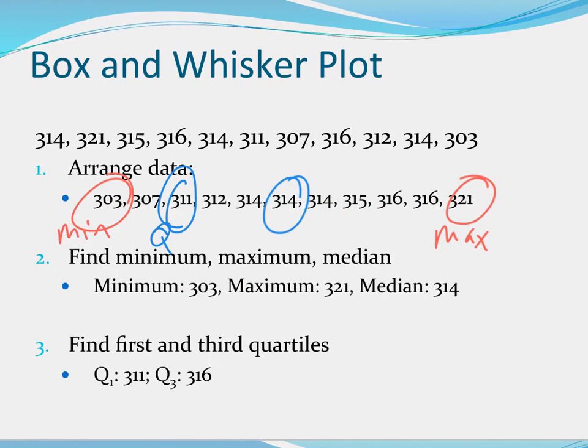This is going to be our quartile 1. Oh, this is the median here, by the way. I forgot to label that. And then again, find the upper median, same thing. You leave out the actual median. So 1, 2, 3, 4, 5 numbers. So 1, 2, 3, it's this 316 right here, and we call that quartile 3. And you've pretty much done 90% of the work right there. Very little effort for setting up a box and whisker plot.